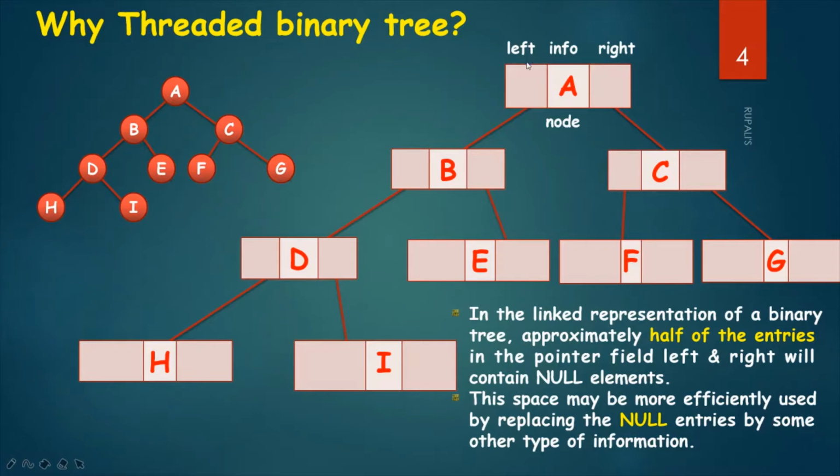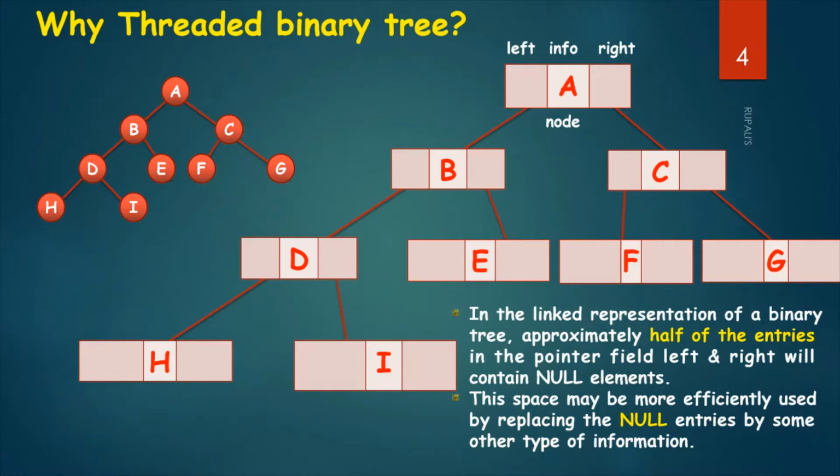Now see, in case of linked list representation of a binary tree, in case of a leaf node, the left and right pointer fields are null because no left child and no right child is there. But it may happen that for a particular node a left child is there, so the left field holds the address of the left child, but the right child is null because no right child is there.